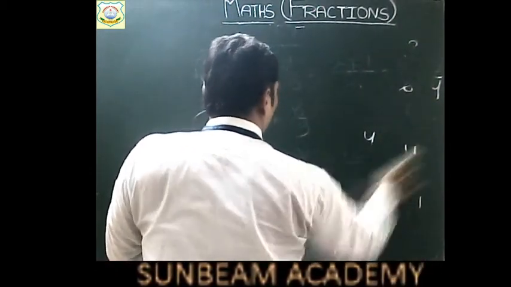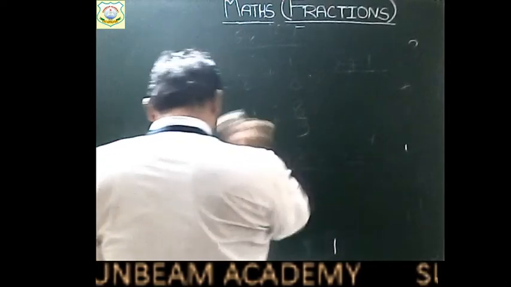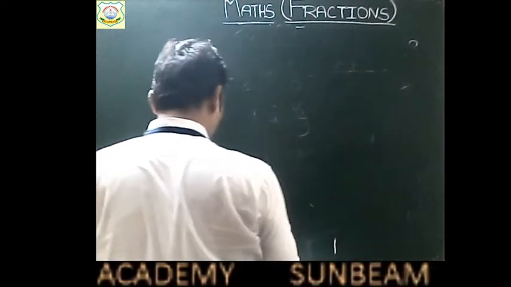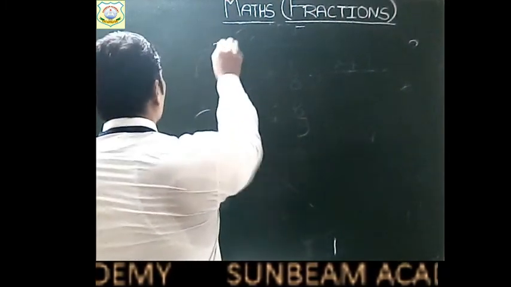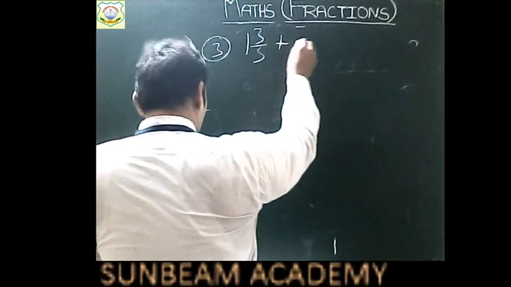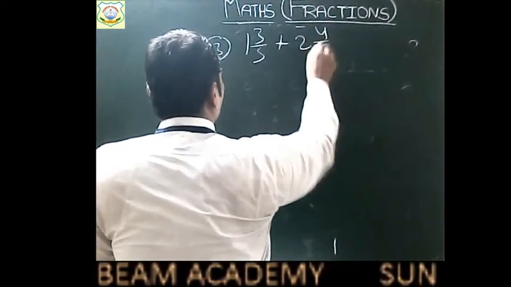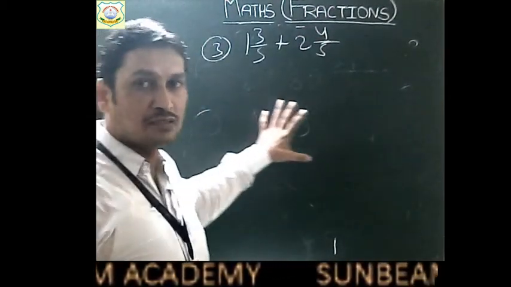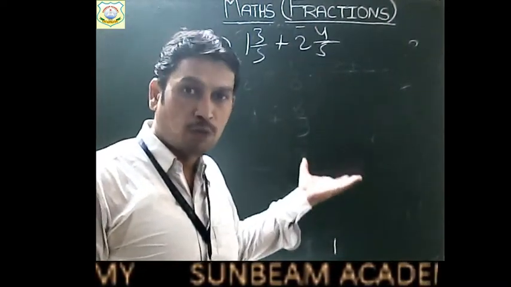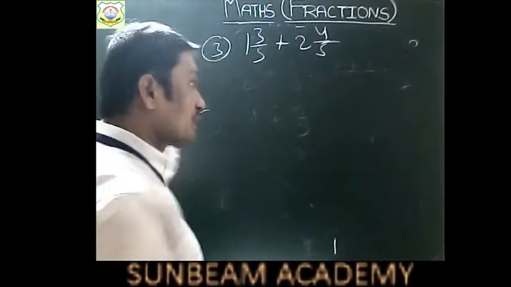So now children, let us move to the next question, that is question number 3. What is question number 3, children? Here the question is 1 whole 3 by 5 plus 2 whole 4 by 5. Now children, these are mixed fractions. So firstly you will convert these mixed fractions into improper fractions.